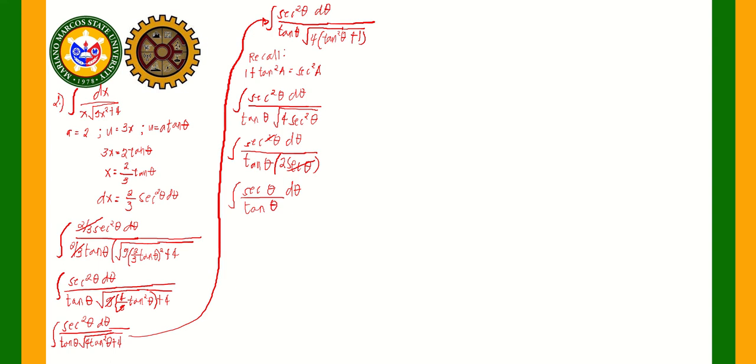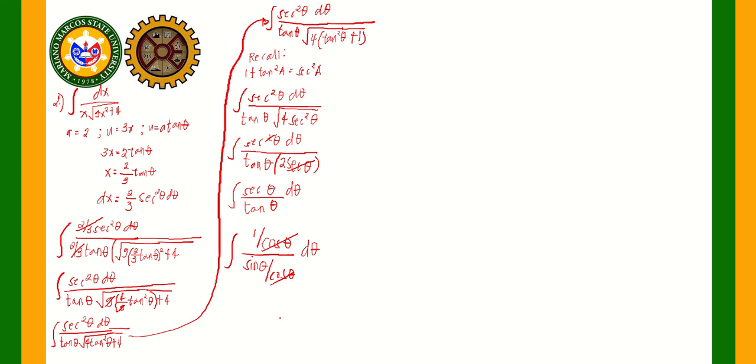Now, recall ulit natin yung identities natin. So, si secant theta, we can replace it with 1 over cosine theta. And then, si tangent theta naman can be replaced with sine theta over cosine theta. And from here, of course, si d theta, we can cancel si cosine theta. Okay?